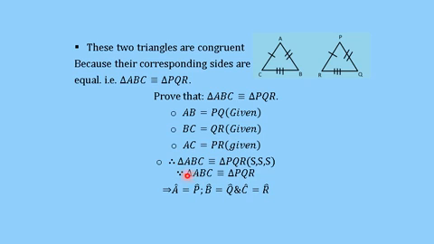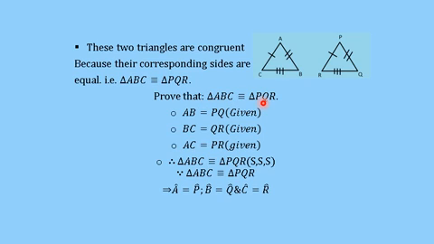Because triangle ABC is congruent to triangle PQR, it implies their corresponding angles are equal. Angle A equals angle P, angle B equals angle Q, and angle C equals angle R. So let's come back to these 2 triangles.